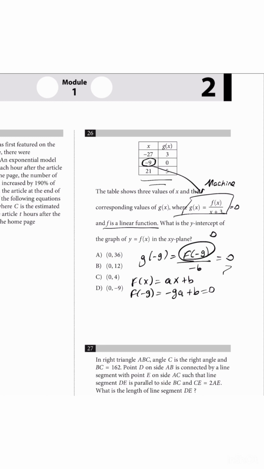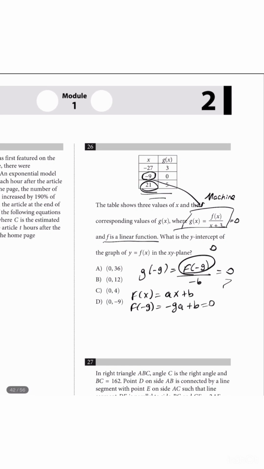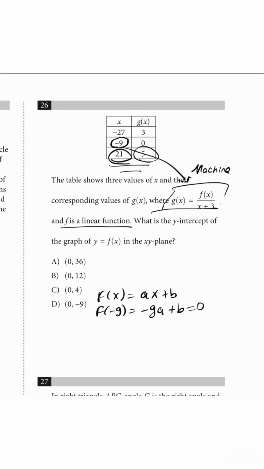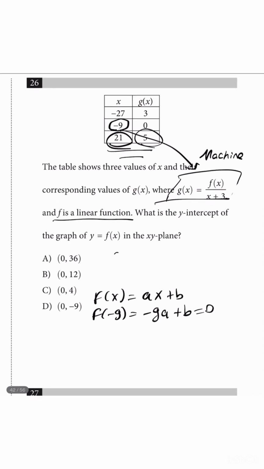So let's look at the next one. It tells us that when you insert 21 as x, you're going to get 5. Okay, so let me just clean this place up a bit. All right. So g(21) equals f(21) divided by 24, because 21 plus 3 is 24, and that equals 5.